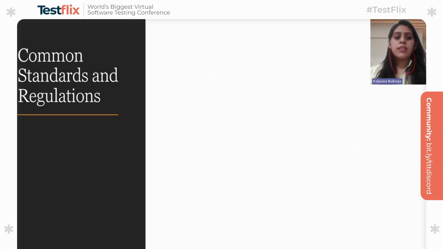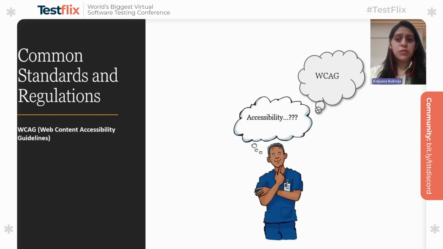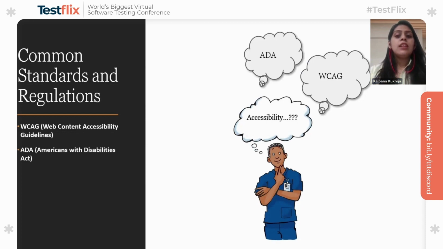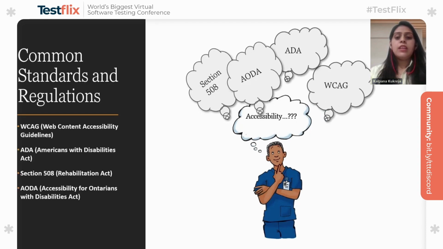Some common standards and regulations which come to mind when thinking about accessibility are WCAG, which is the globally recognized guidelines, then the ADA, which is the Americans with Disabilities Act, and Section 508 in the United States, which asks you to ensure that users with disabilities have equal access to the digital world.